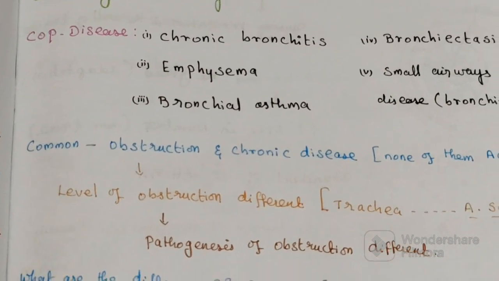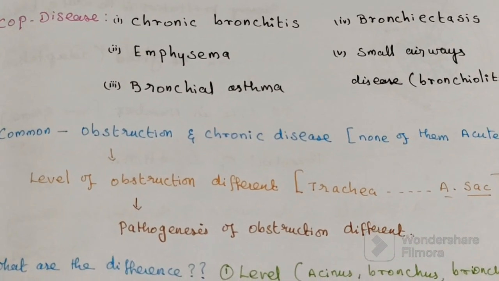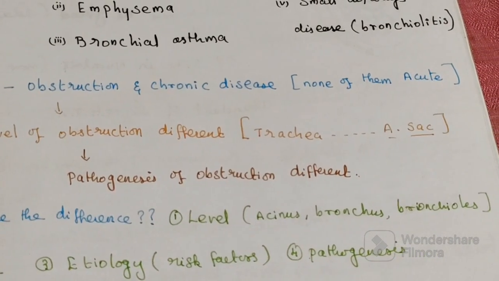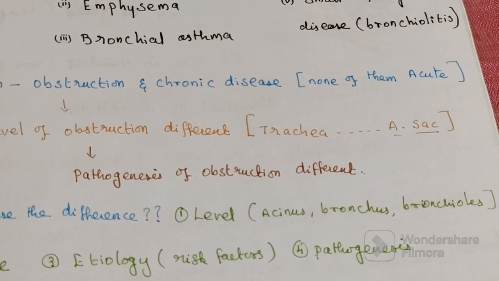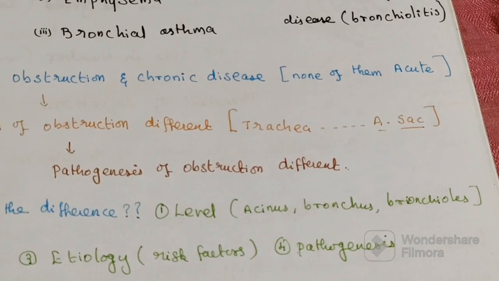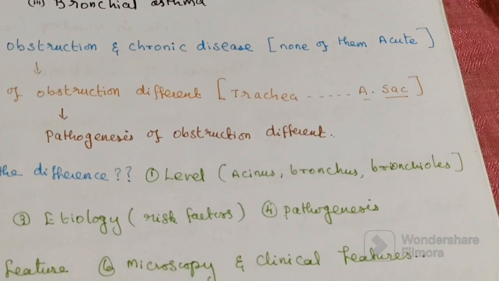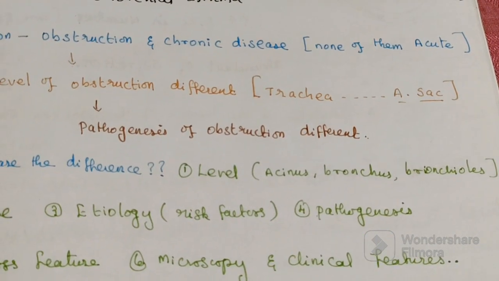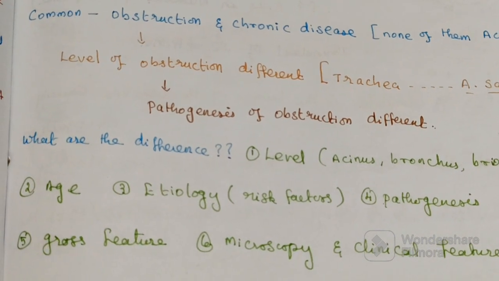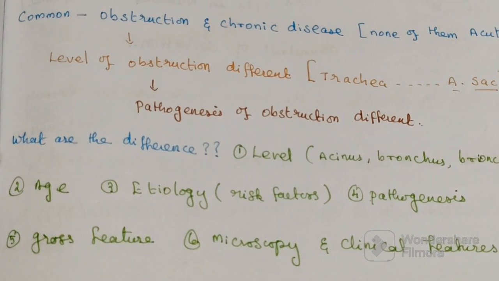So let's differentiate how they differ. First, the level of obstruction, whether it is seen in the bronchus or bronchioles. Second is age, at which it most commonly occurs in patients, the age of presentation.